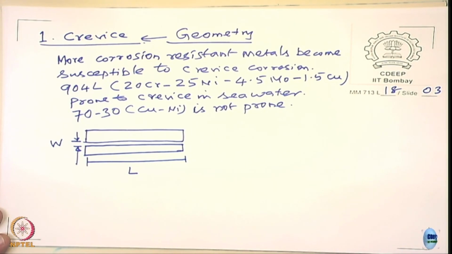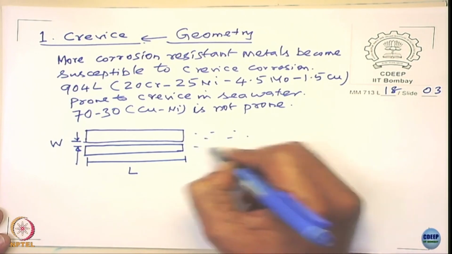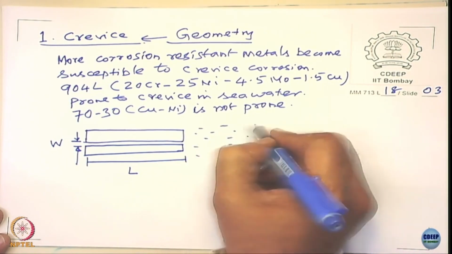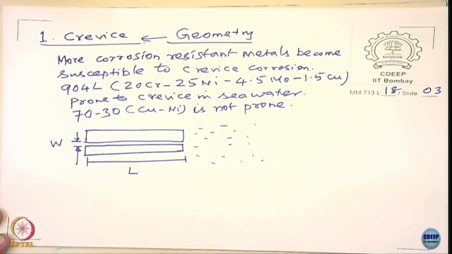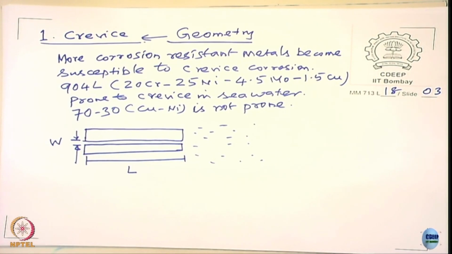Suppose I have an environment here, on this side, where will the crevice corrosion occur, and will the depth of attack be the same throughout? So, you need to look at this.